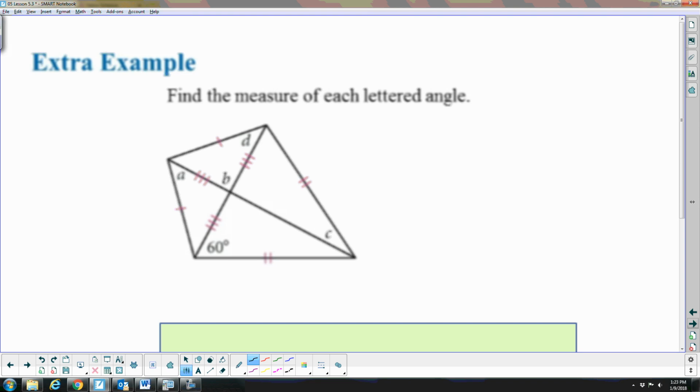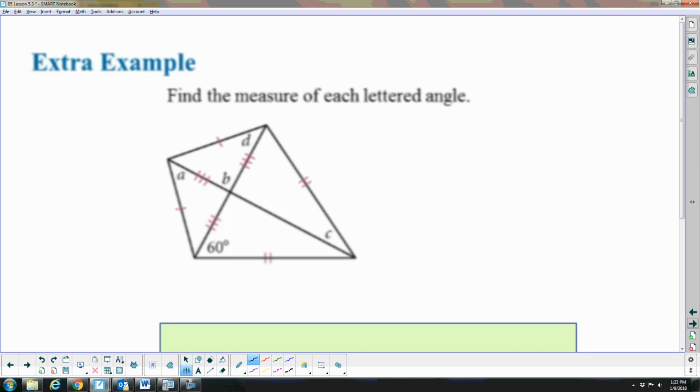All right, and then the last problem that you have on here is this extra example where you're finding the measures of the lettered angles. So you want to think through the properties you know about an isosceles triangle, or now the properties we've discovered about a kite, and draw some conclusions.